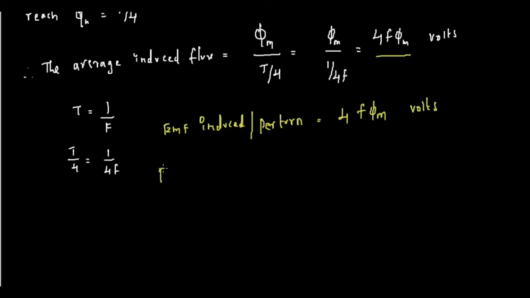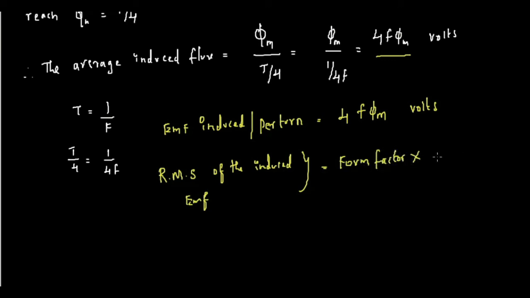So we need to find the root mean square, RMS, value of the induced EMF. That is equal to the product of form factor and average value.